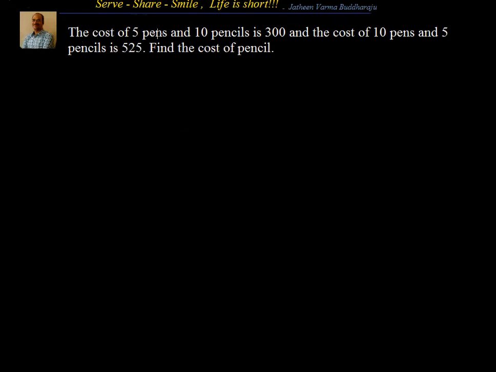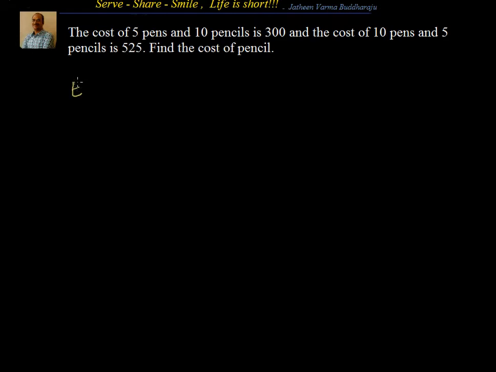The cost of 5 pens, let us say each pen is X rupees, or whatever the denomination of the currency we have. So let's say the cost of 5 pens and 10 pencils.